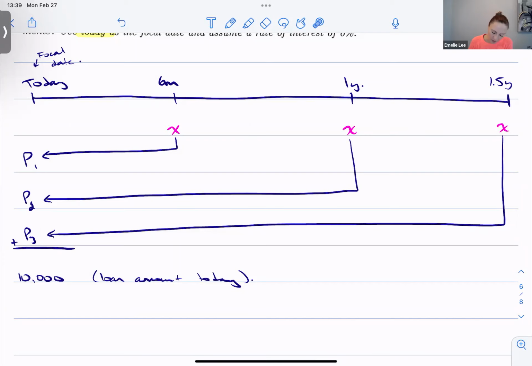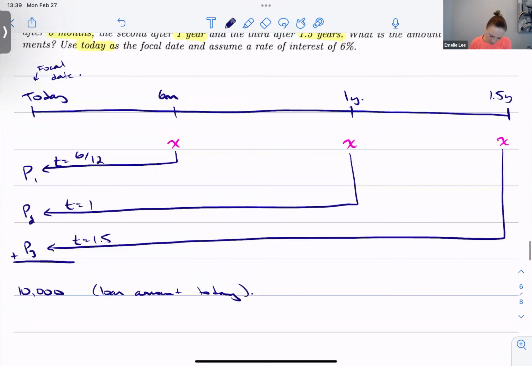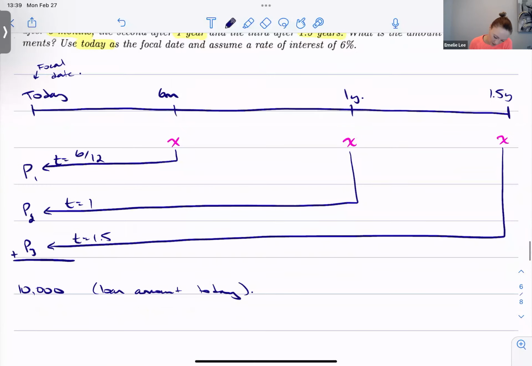In terms of time here, it's relatively simple: 6/12, 1 and 1.5, because time is in years. So that's not the hard part of this question. The rate of interest is 6%, and it's the same for all of these, so I'm just going to put in R as 0.06.